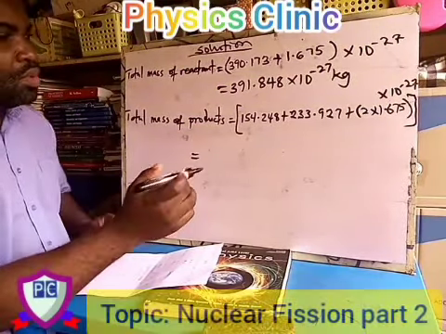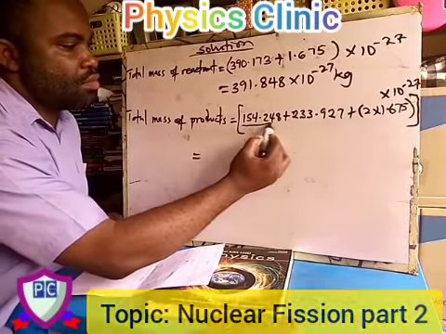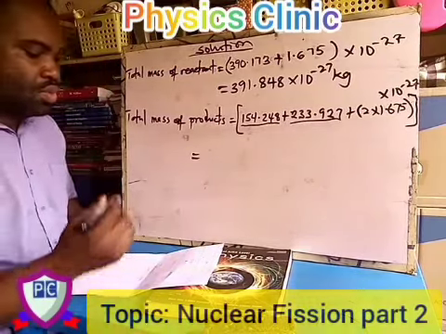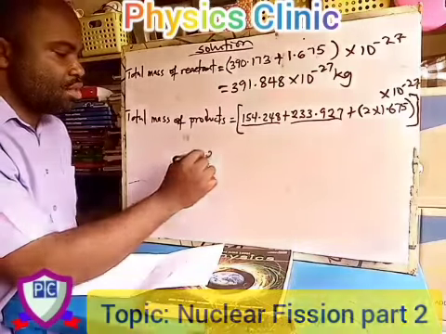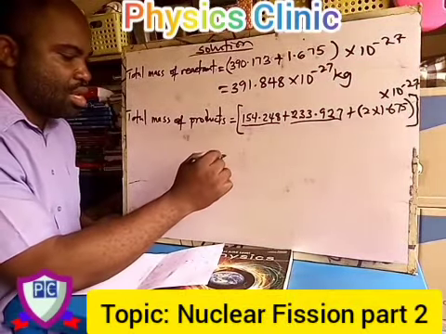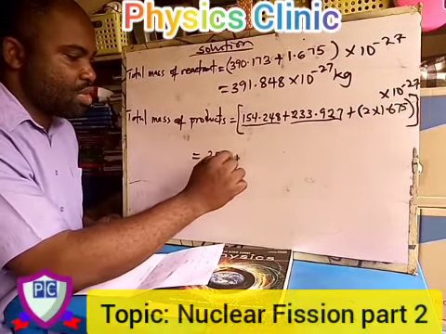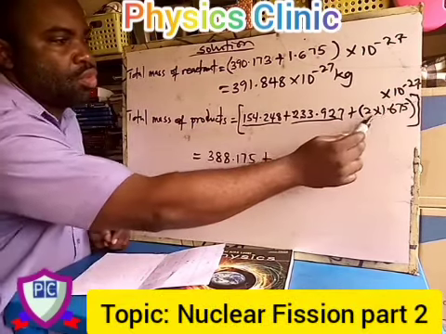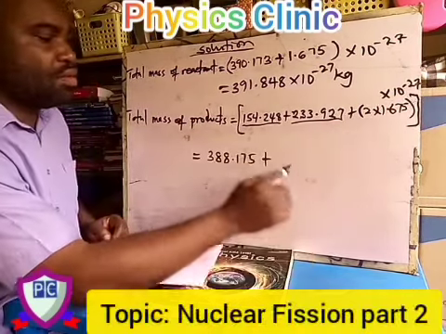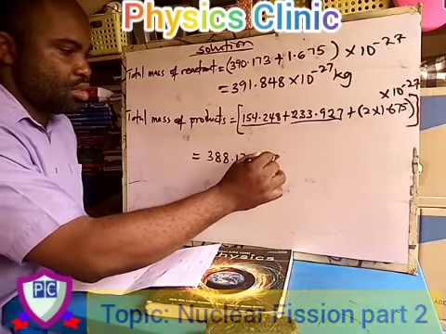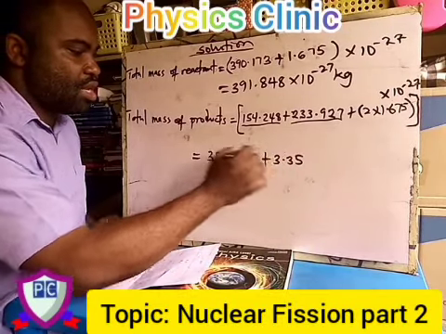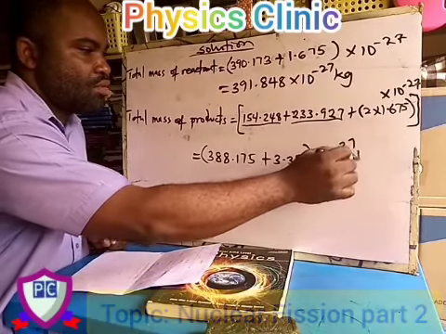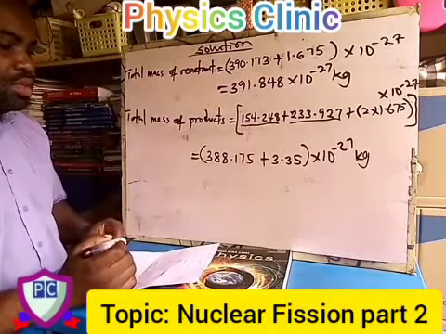Now, if we add up the mass of rubidium and cesium, we are going to have 388.175, plus 2 multiplied by 1.675, that will give us 3.35 times 10 raised to the power minus 27 kilograms.